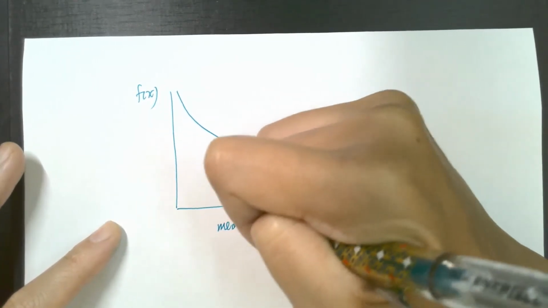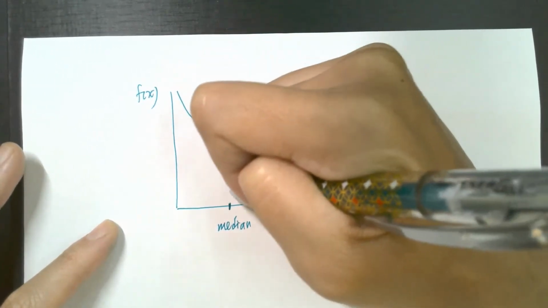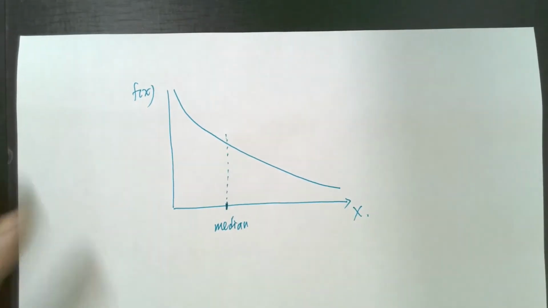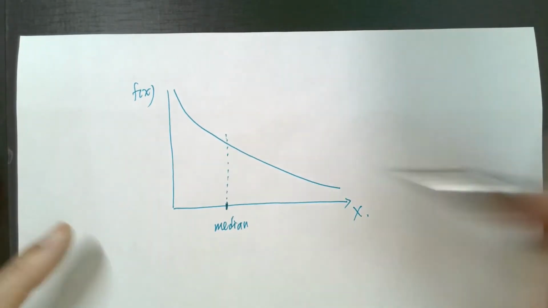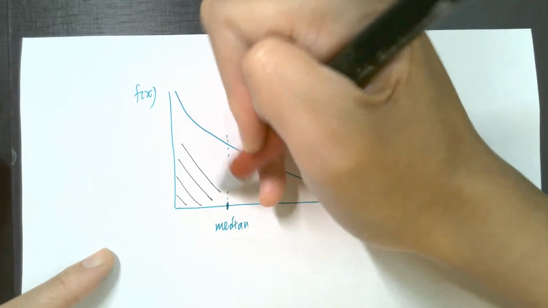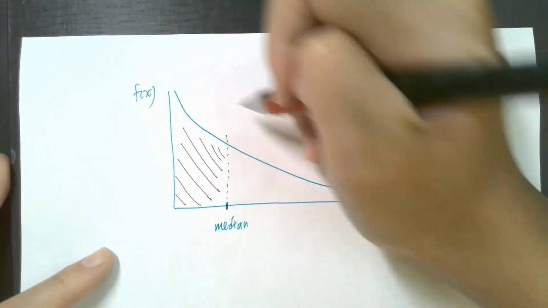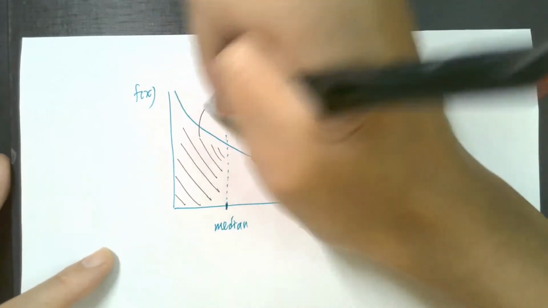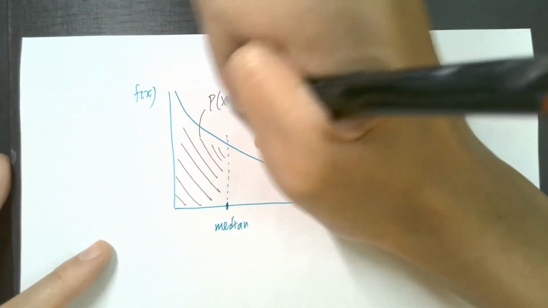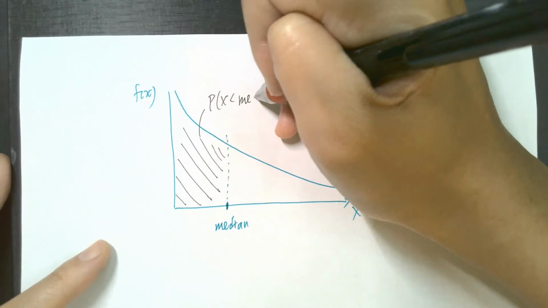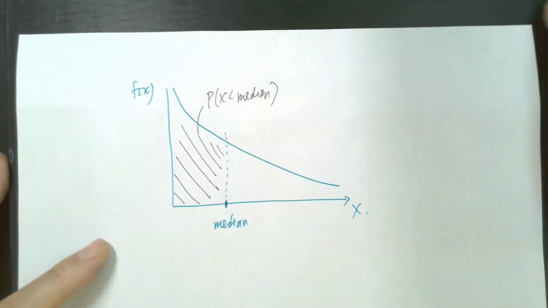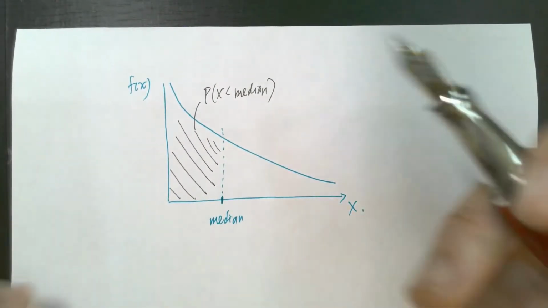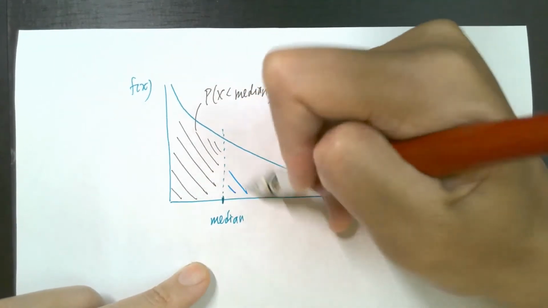And then if we mark it with this line, we could say that we get two areas, right? This is the probability x smaller than the median, and then we got another half, which is this part.